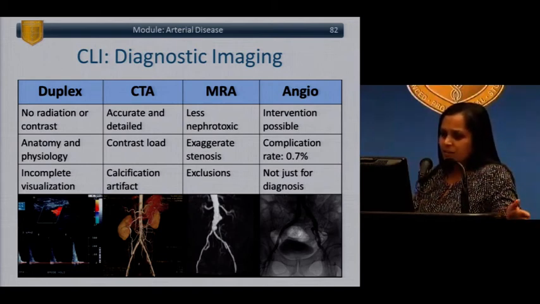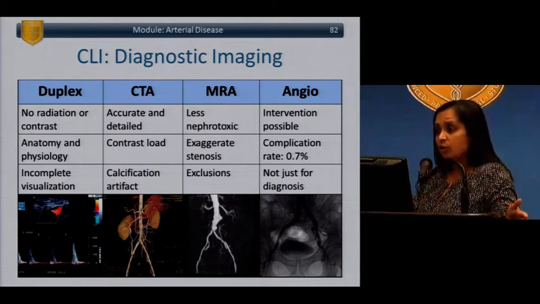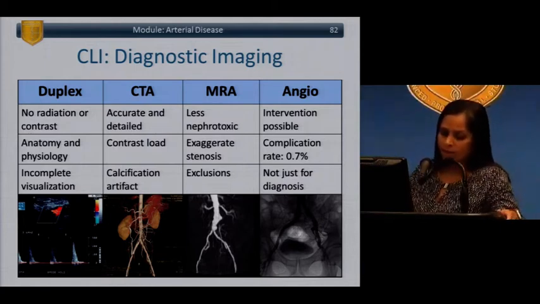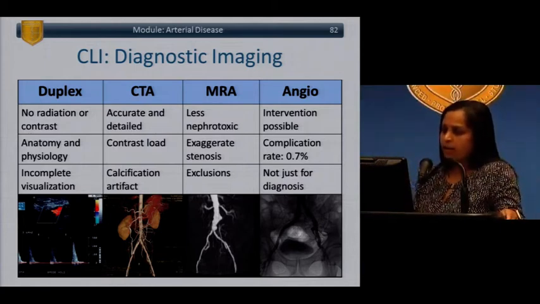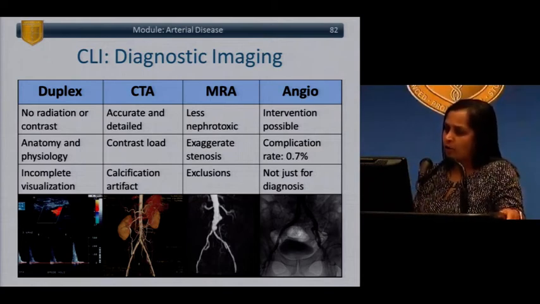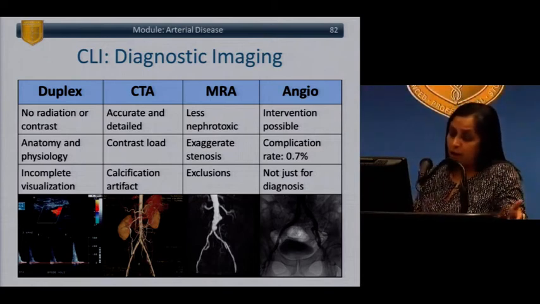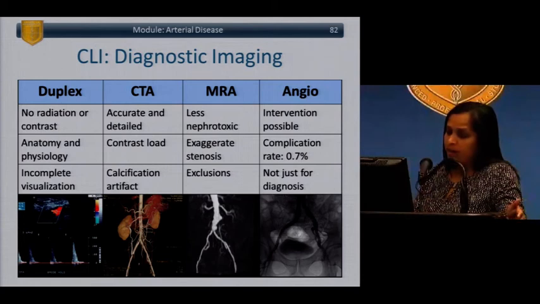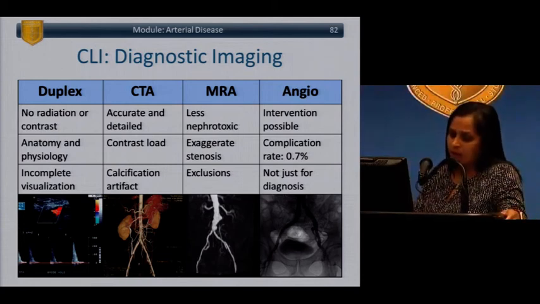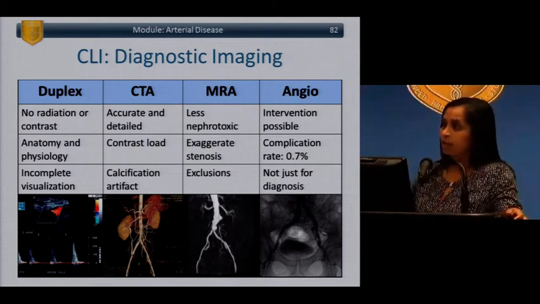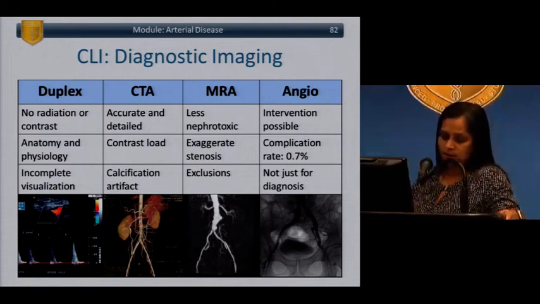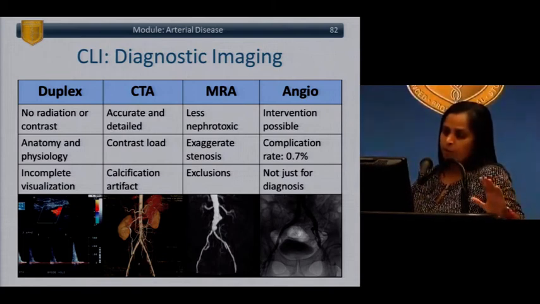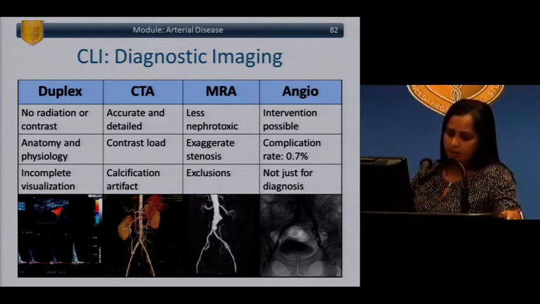Its use is limited because it can't clearly define anatomy in most situations, especially in the setting of aortoiliac disease, where this segment of the vasculature is more difficult to image with ultrasound, although it can be done. The duplex can be combined with arterial Doppler studies that help us to get the ABI measurement in a precise way, so we can use both the imaging studies as well as ABIs to help us diagnose.